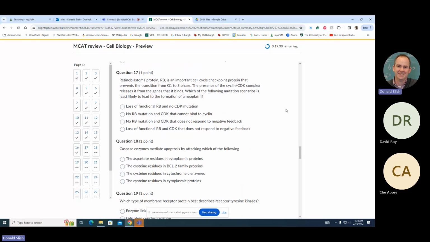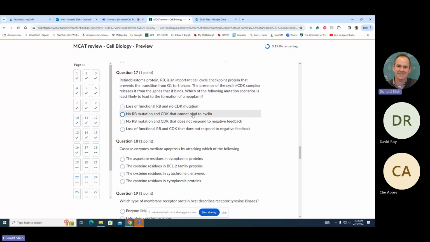Retinoblastoma, RB, is an important cell cycle checkpoint protein that prevents transition from G1 to S. Presence of the cyclin CDK complex releases it, which means it binds it. Which of the following mutation scenarios is least likely to form a neoplasm? Loss of RB, no, RB mutation.